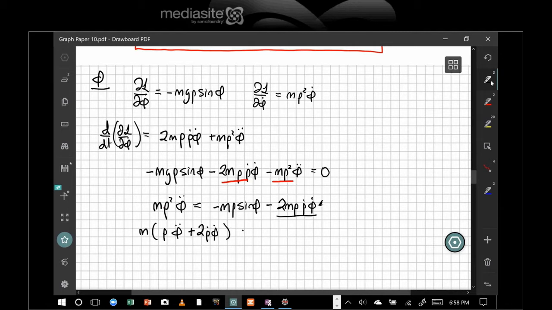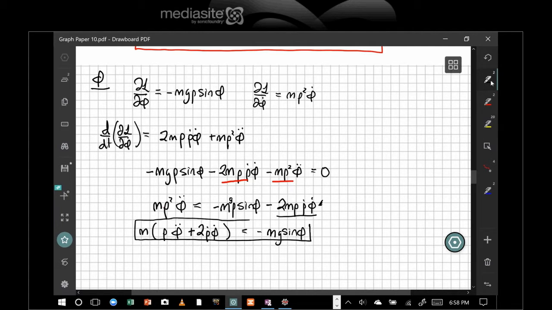That's from this guy here. And that's going to be equal to minus mg, the rho's gone. And I forgot the g here. There's a g there. Okay, that is my equation of motion.